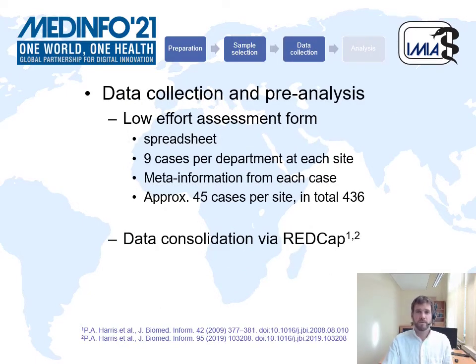By this, approximately 45 cases from each site were taken into account, resulting in the evaluation of 436 electronic health records. For each data element, a set of meta-information, for example, documentation quality, date of first occurrence, date of first and last documentation, and so on, was acquired to allow an insight into the documentation process in routine care.